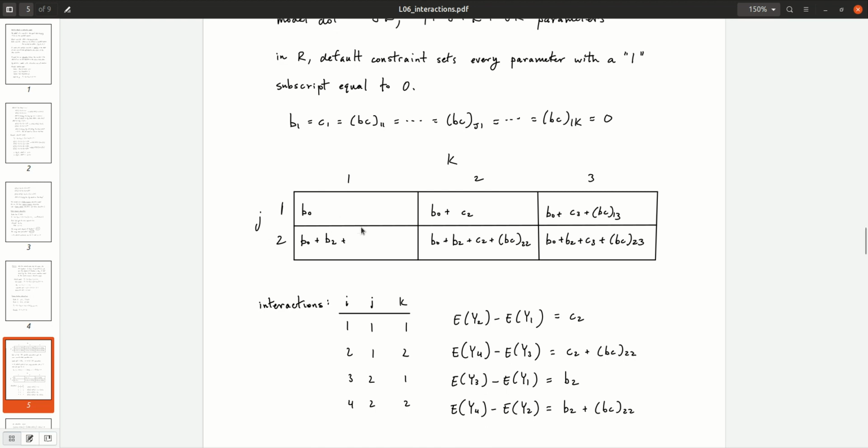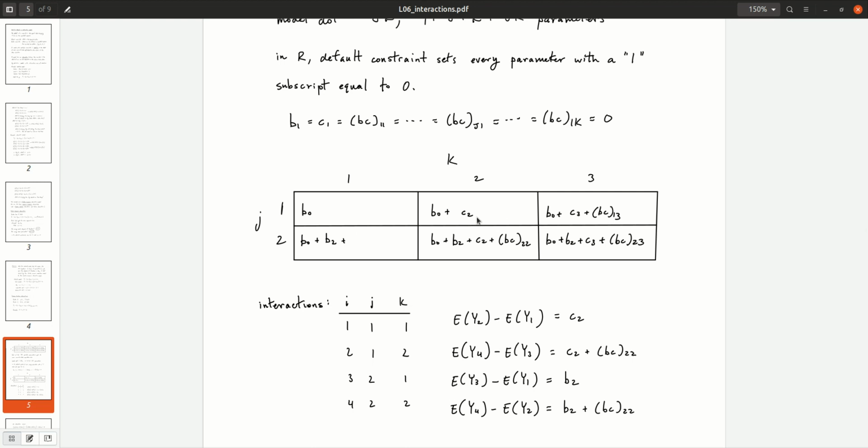We already looked at this comparison between this cell and this cell. If y2 has this combination of the factors and y1 has this combination, and we take the difference between those, like I said, we get c2.